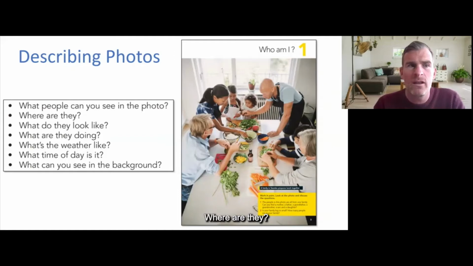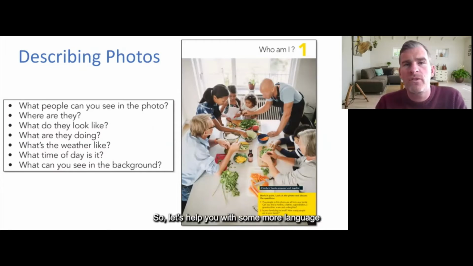Where are they? What do they look like? What are they doing? What's the weather like if they are outside? What time of day do you think it might be? And what can you see in the background? So let's help you with some more language to answer these questions.